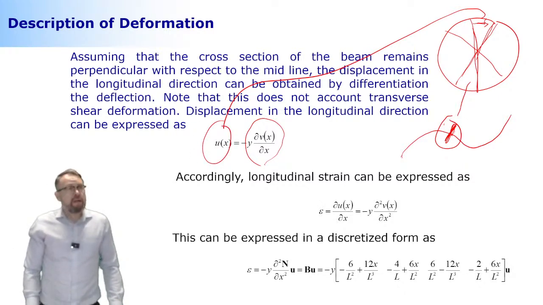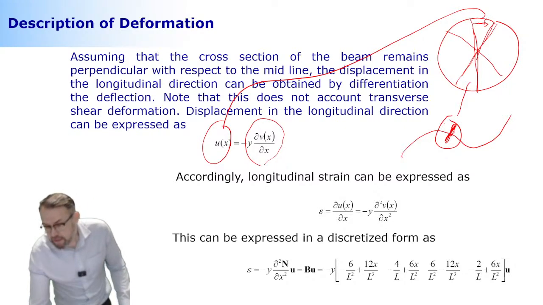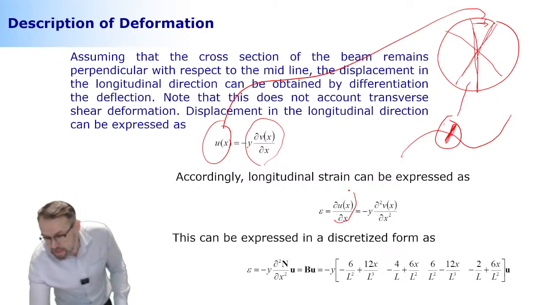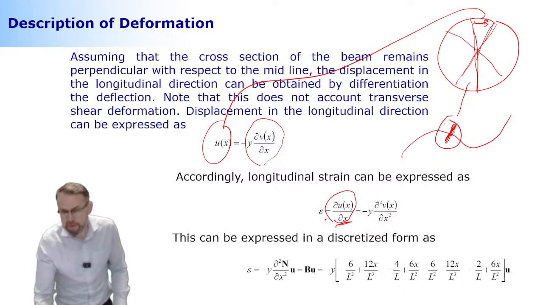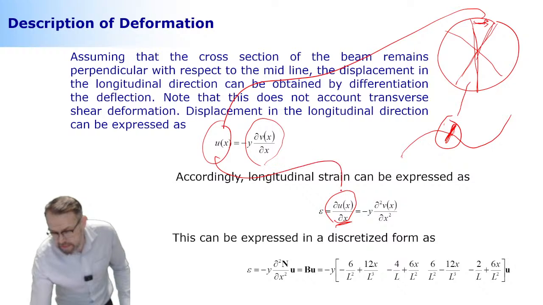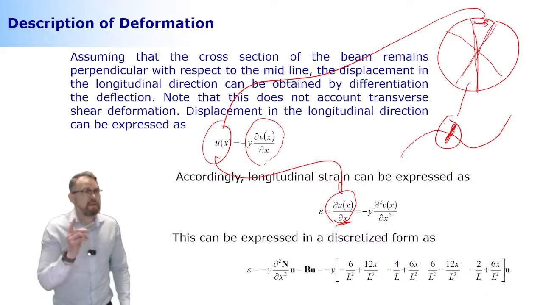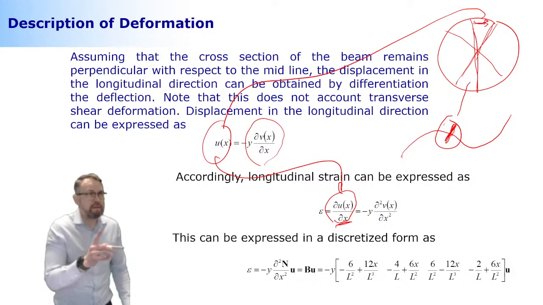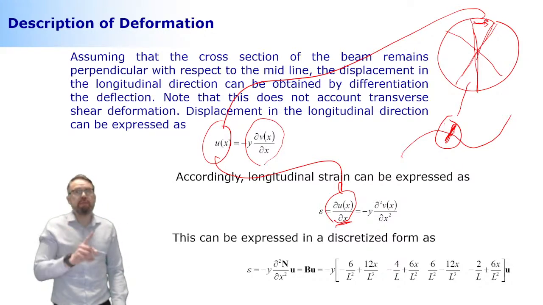That's what it is. And we do know, based on what we discussed earlier, that the strain can be defined in a way that if there's a displacement in this direction, the difference with respect to x, that's what it is. Now substituting this information here, you can finally create the relation between the displacement and strain. Displacement and strain, that's something I mentioned earlier, is called the kinematic matrix.